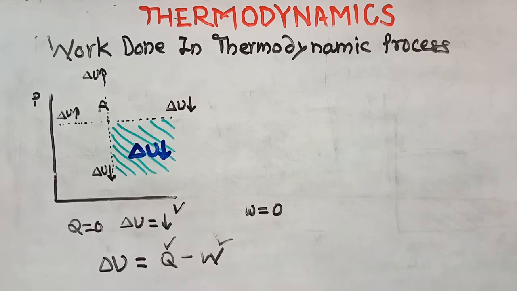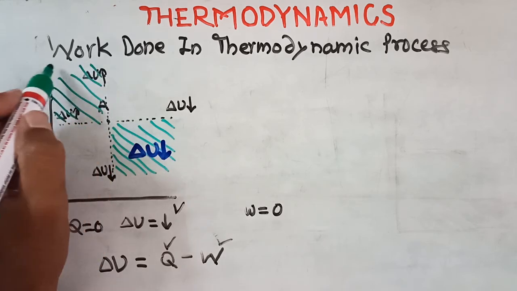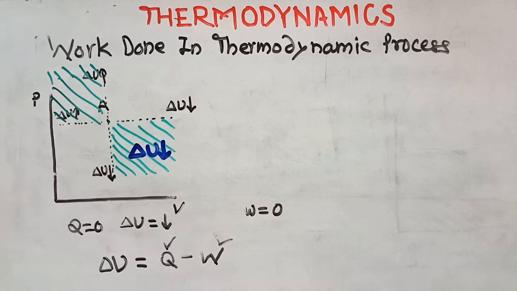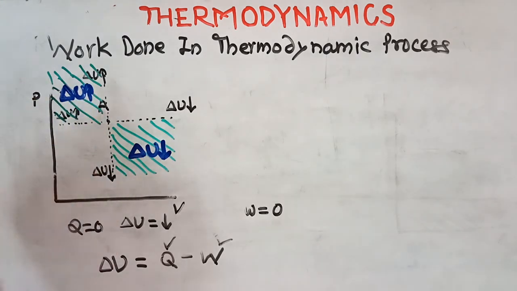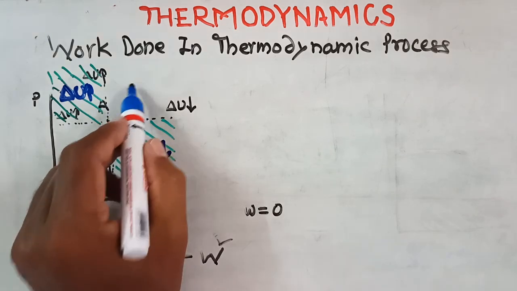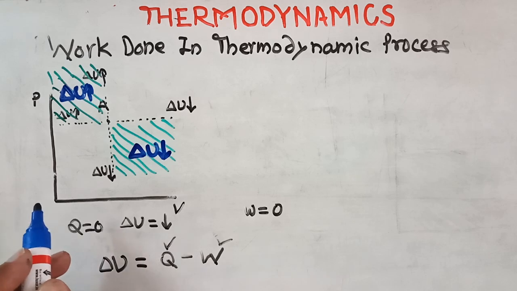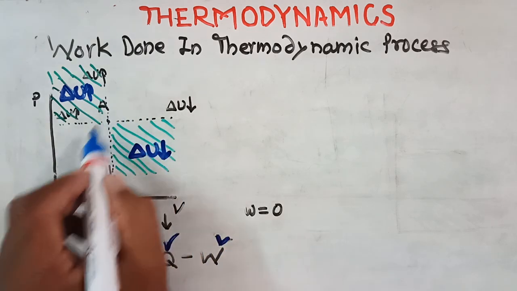And if you go in this direction, if the final point is somewhere in this region, then the change in internal energy del U is positive and goes on increasing. And in these two regions we are not sure whether the change in internal energy increases or decreases. That will depend on the values of heat supplied and work done.